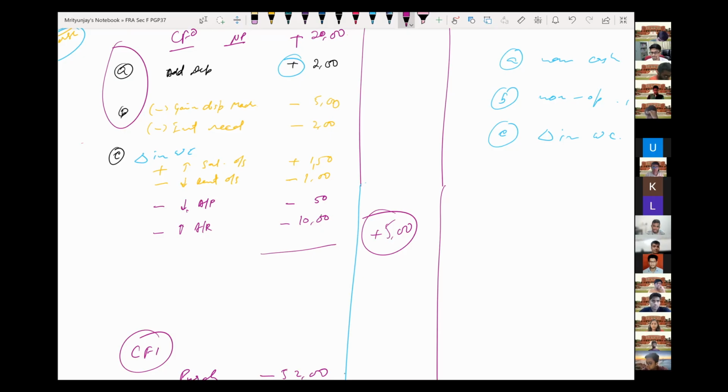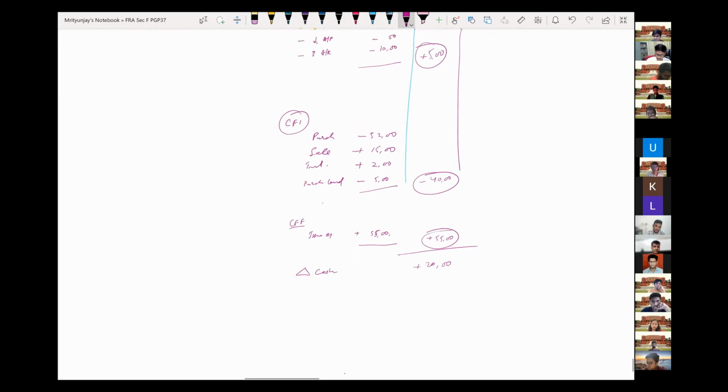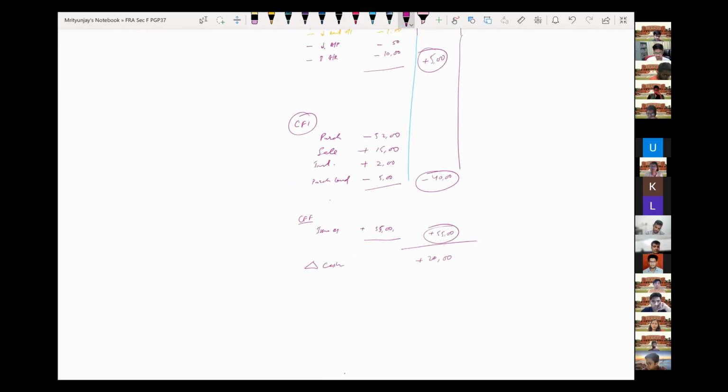Yes, sir. Basically, how did I know that it should come to 5 lakh rupees? Because I already know what the change in cash should be. Because I know my opening cash. So the cash flow statement in that sense is a question whose answer you already know. It's almost like LHS and RHS are equal. You know what you are going to prove. It's just that some terms you need to fit in between. That opening cash was 50 lakh rupees. Closing cash was what? 70 lakh rupees.